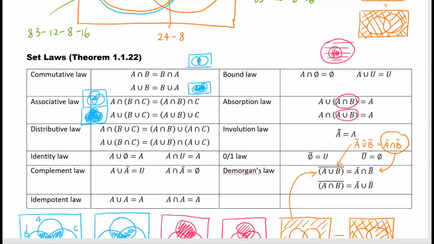So that's why down here, when you try to distribute the complement, what happened to the intersection? We flip it, it becomes union. And you can see we get this guy. Okay, so this is just a quick way to help you memorize the formula.